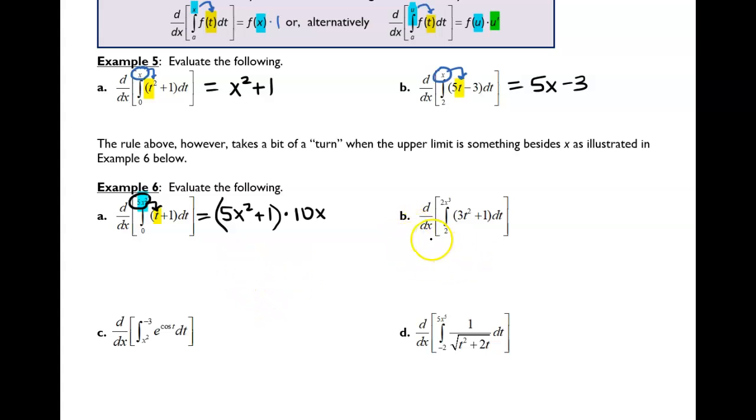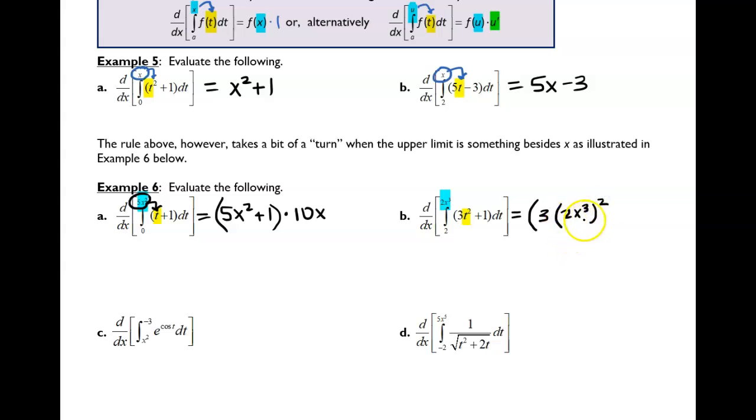Okay, in part B, we're taking the derivative of the integral from 2 to 2x cubed of 3t squared plus 1 dt. So I've got my 2x cubed, and I see my t here, 3t squared plus 1. So my derivative of my integral will be the quantity 3 times, now that t is squared, so I have to take 2x cubed and square it.